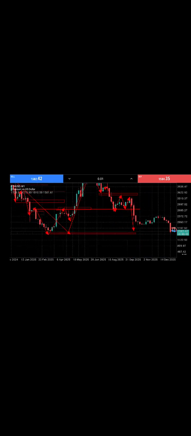When it has been broken, we will have a retest of that support line. Then that retest will now be our resistance, right? So up to there, I think some concepts are trying to sink in our heads.